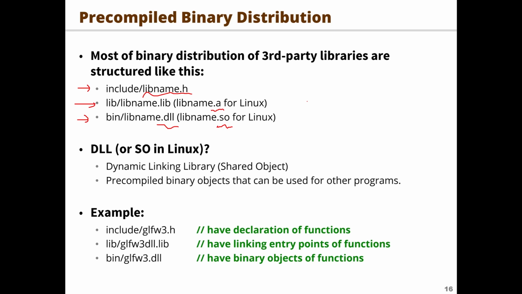So what is a DLL? DLL is a dynamic linking library. Dynamic means it is linked at runtime. So the lib linked at compile time is just for making the compilation succeed, but the actual linking is done at runtime.